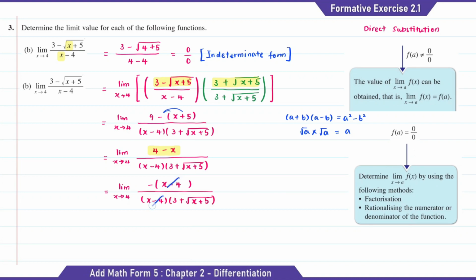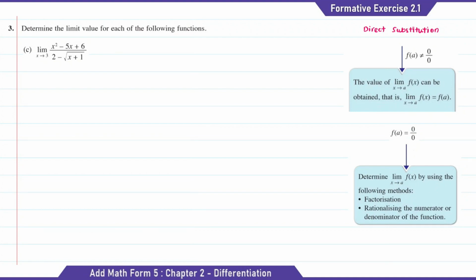So now for the x minus 4, I can cancel this. This is equal to negative 1 over 3 plus square root x plus 5. As x approaches 4, then I'm going to substitute the x here with 4. Then the answer of this is equal to negative 1 over 6.